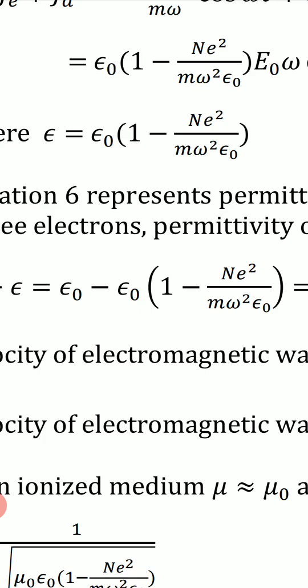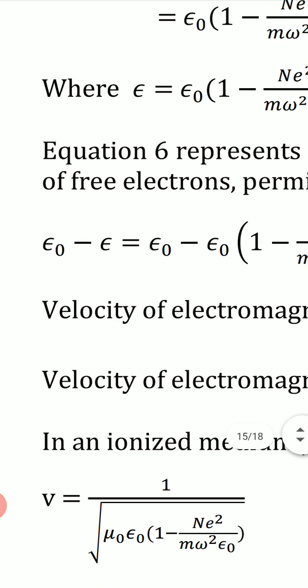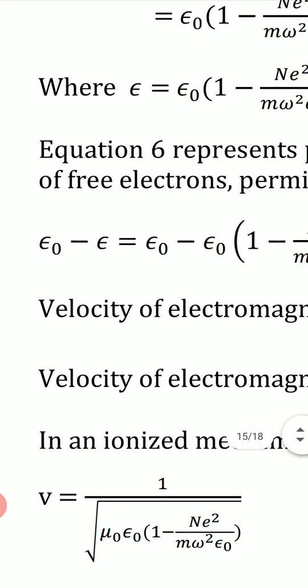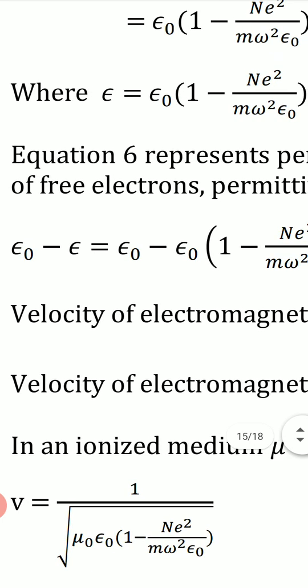So permittivity is decreased due to the presence of free electrons, and this decrease in permittivity is epsilon 0 minus epsilon. Epsilon 0 is the permittivity of free space, and epsilon is the permittivity of the ionized medium. Epsilon is less than epsilon 0, and the difference is epsilon 0 minus epsilon.